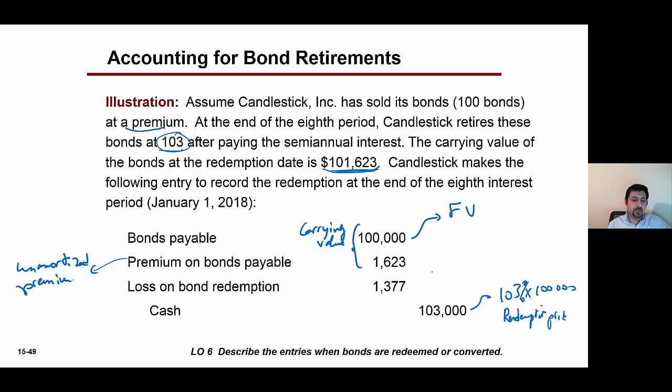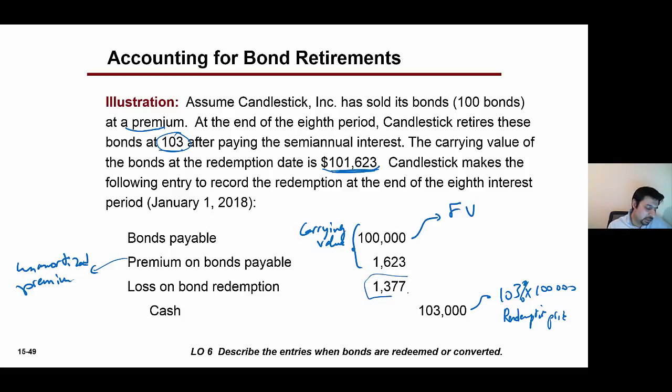So the company paid 103,000 for something that, according to the company's books, is valued at 101,623. As a result, the company paid more than the value of the bonds. This is why the company will recognize a loss on bond redemption.